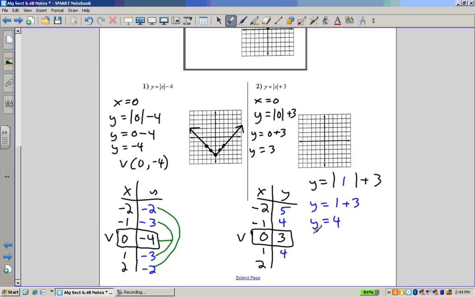And plug my y value back into the xy chart. Let's plug in 2. 2 is 2 away from 0 on the number line. And so I've completed my xy chart.